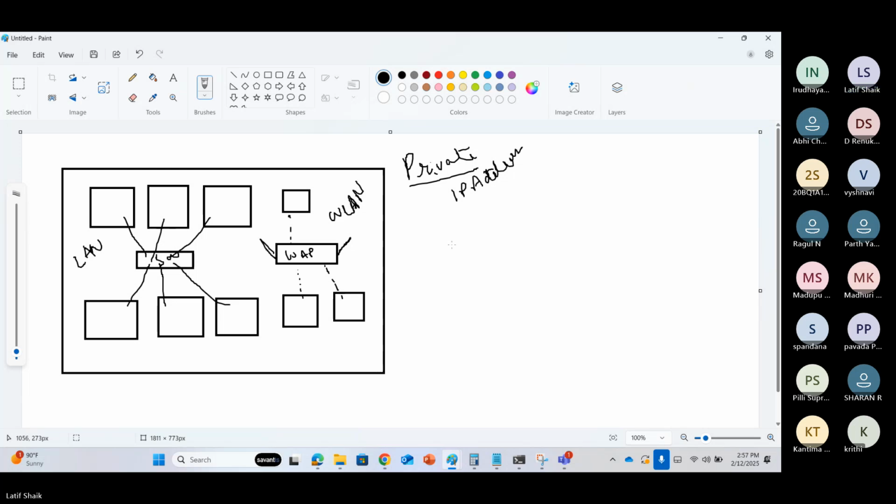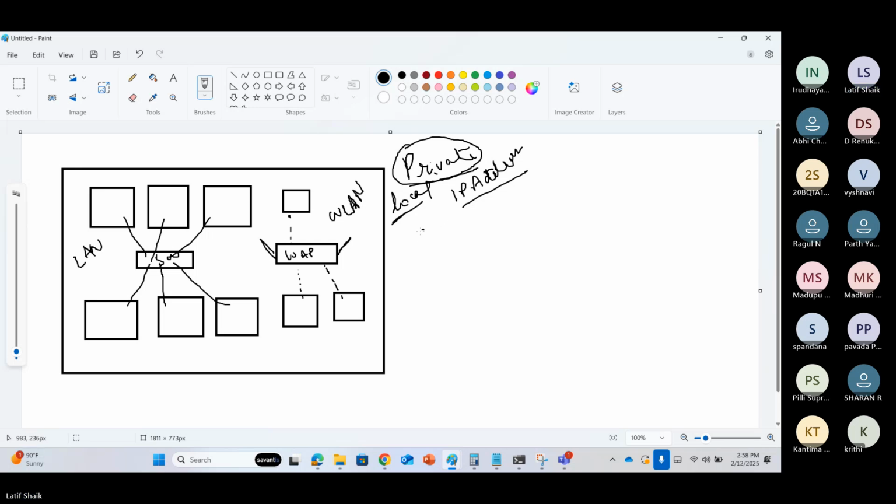What I'm saying, guys, is that private means local. You can use certain IP address ranges without registration, without any payments or licenses.